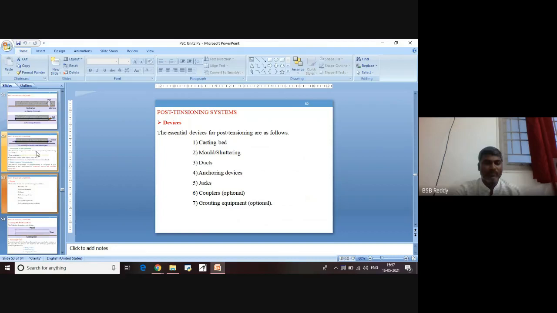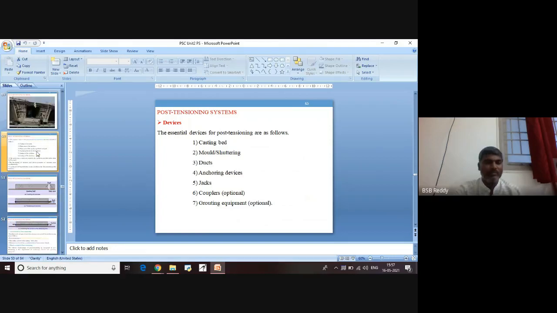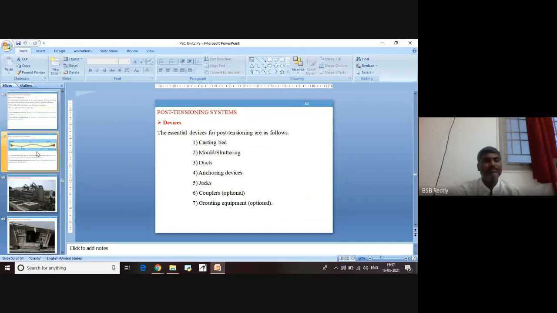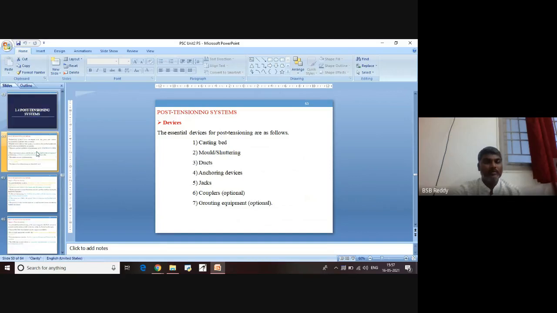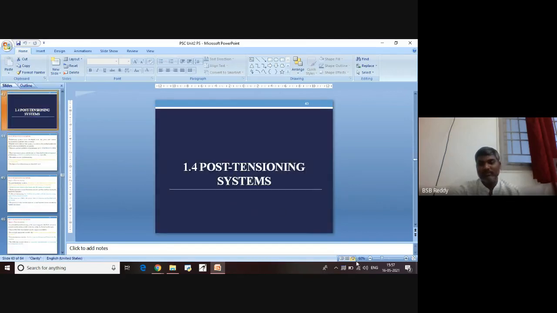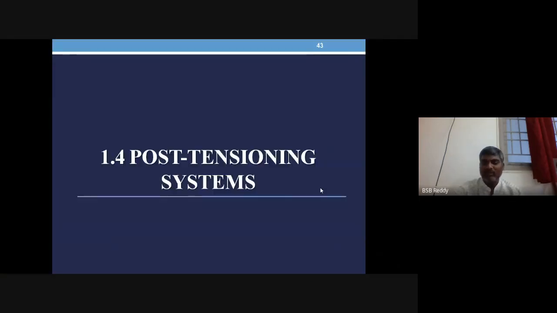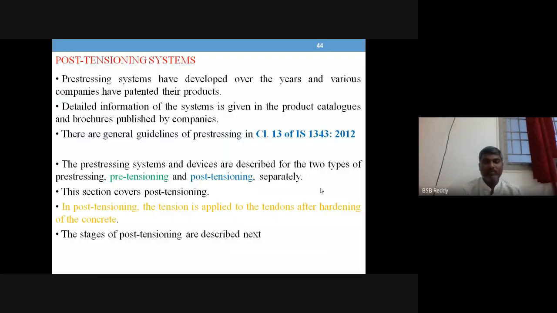Last session, we introduced the post-tensioning system. I'll just run through that first, then we'll talk about today's session. The post-tensioning system was introduced in the last session, and in class 13 you can go through all the pre-stressing systems information from the IS code.